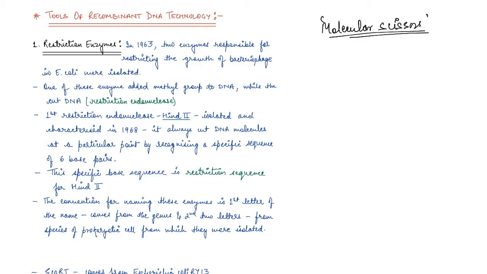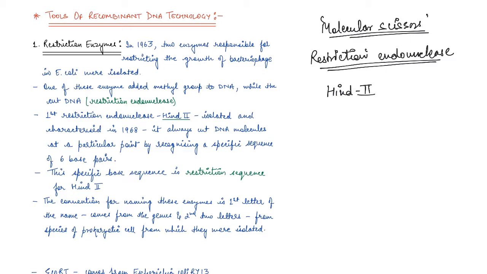The enzyme which cut the DNA was known as restriction endonuclease. The first restriction endonuclease which was isolated and characterized was HindII, right?